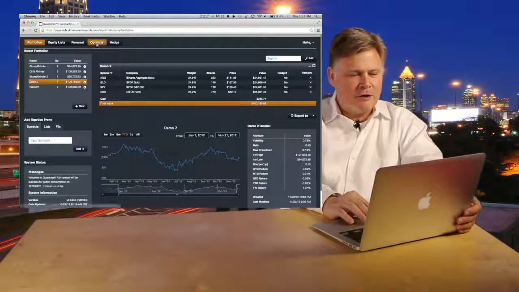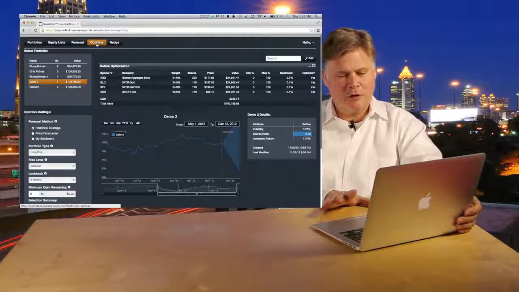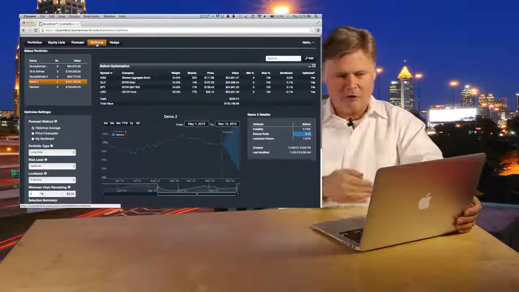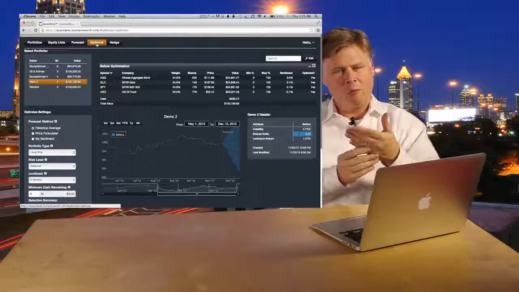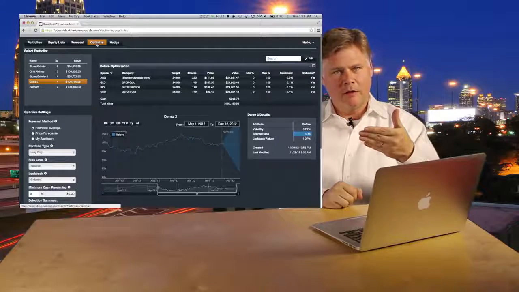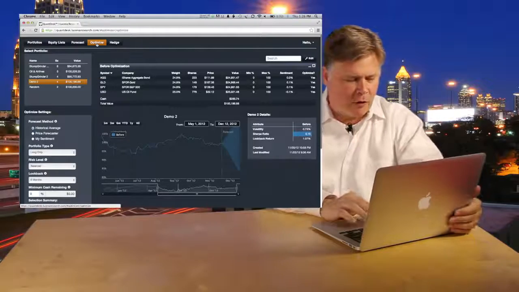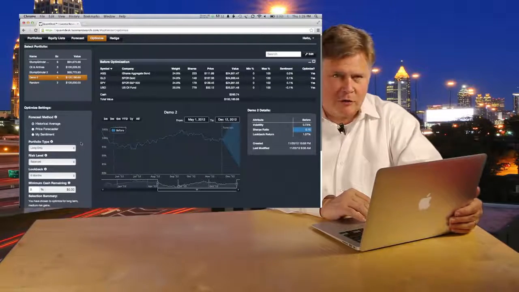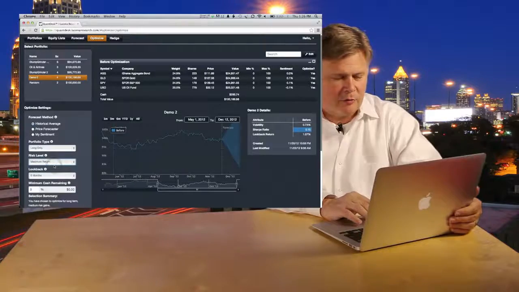Okay, so let's go to the Optimize tab, and we'll take a look at how we can optimize this portfolio. Remember now, there's four equities, and right now what we're comparing it to is a portfolio that's got one quarter of the holdings in each of those four equities. Okay, we'll look back over 6 months to do our optimization, and let's start with maximum return optimization.